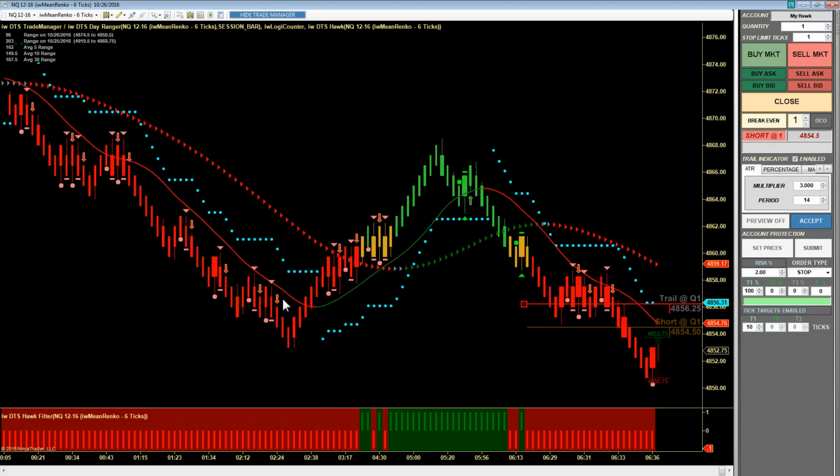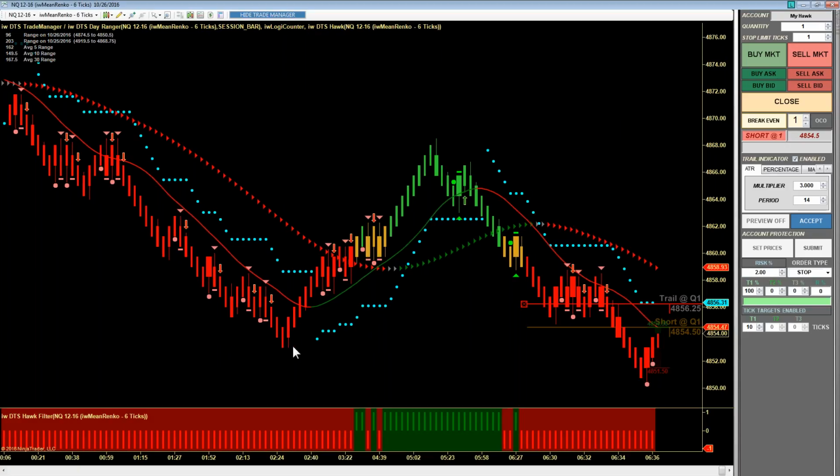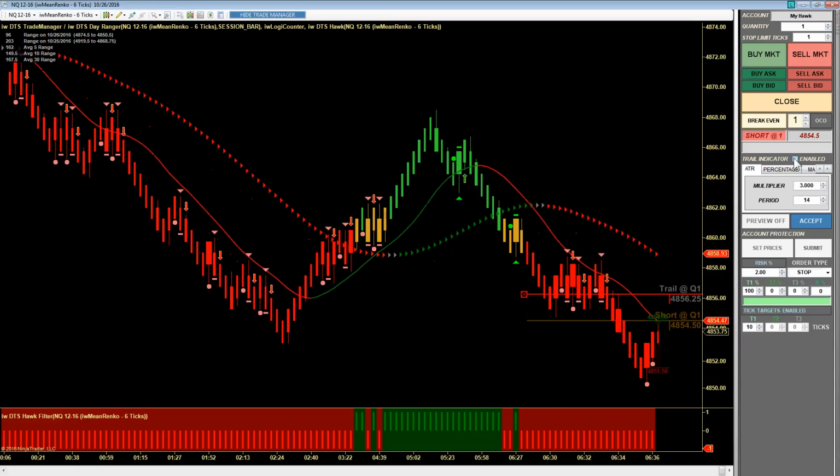And we're going to produce a little bit of a reaction here to the breakout below the low. Now I'm going to try to give this trade a little bit more room, so I'm going to hold my stop just for the moment.